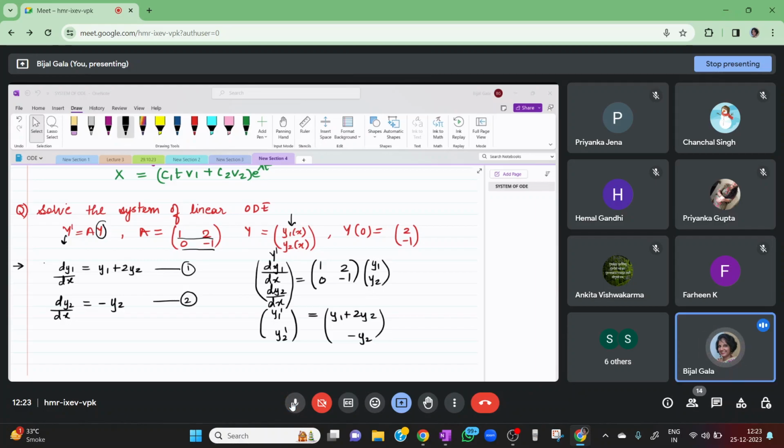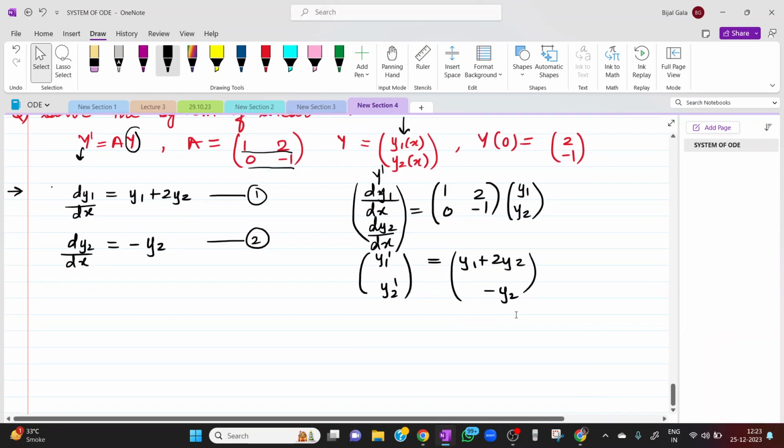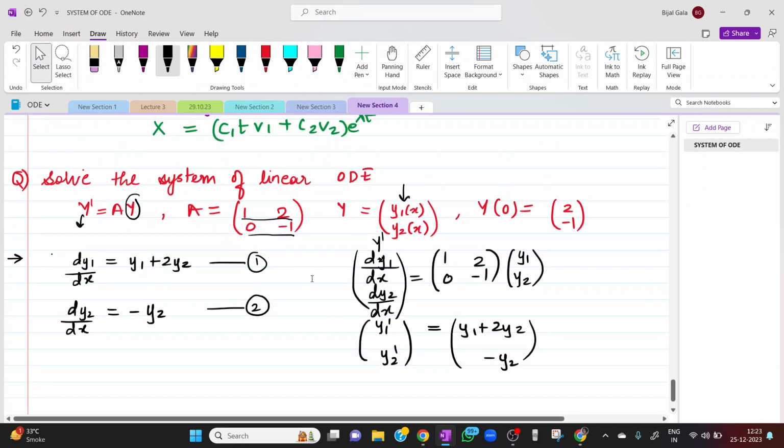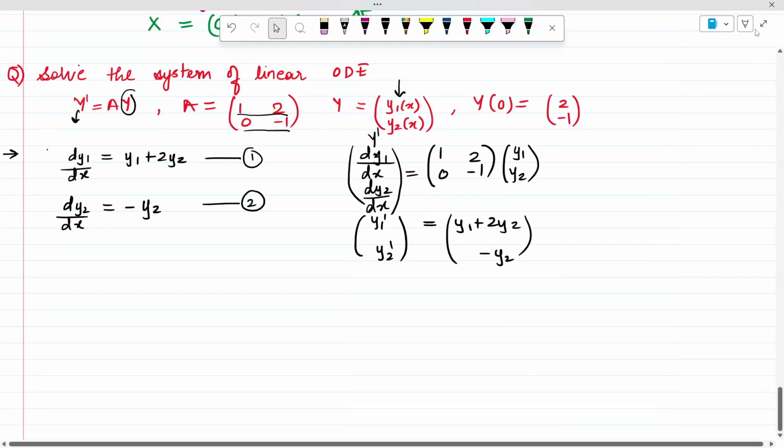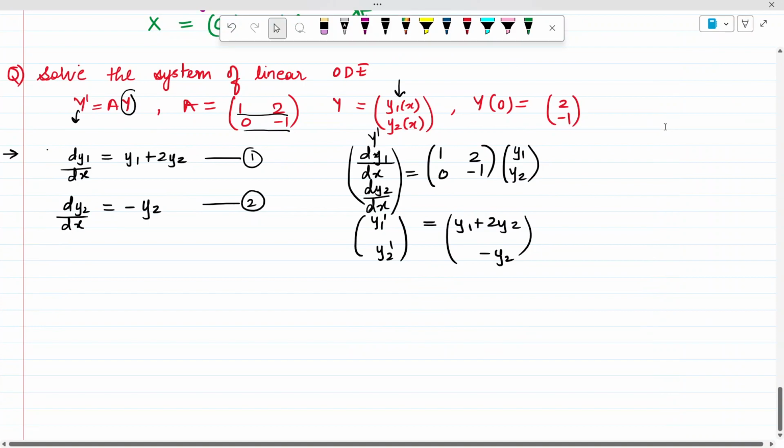Okay, sorry, yeah, so getting back here, let's learn how to solve it using the matrix form. Look at the matrix A here. Can you orally tell me the eigenvalues of this matrix? 1 and minus 1, very good. It's a diagonal matrix, and therefore the eigenvalues can be orally determined as plus 1 and minus 1.